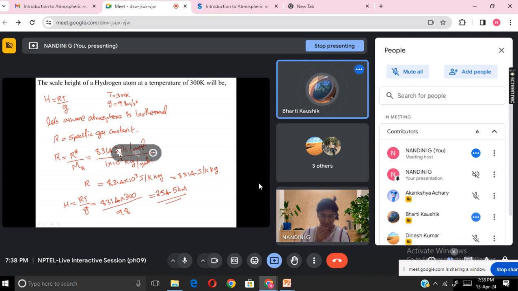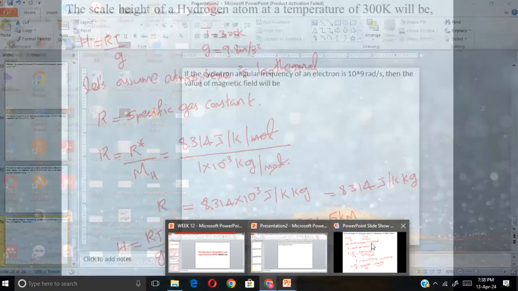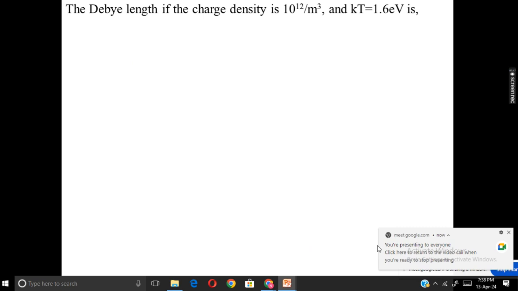Yeah, 254.5 kilometers. This will be the scale height of the atmosphere if it only constituted of hydrogen. Okay, that's it. Now the next question.